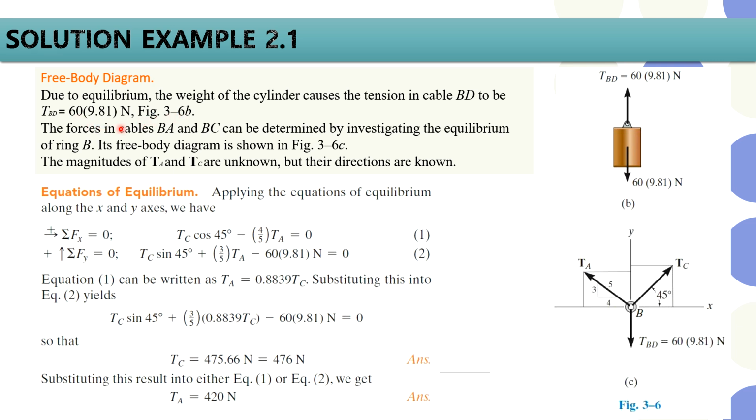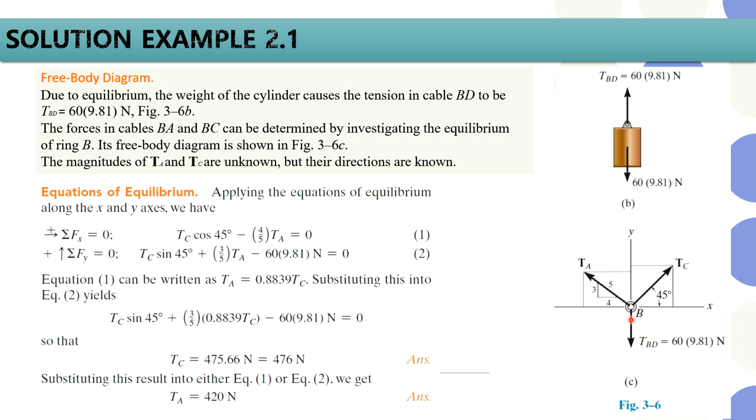All right. Next, you need to isolate ring B to draw our free body diagram. You isolate the tension at point BD to draw your free body diagram.